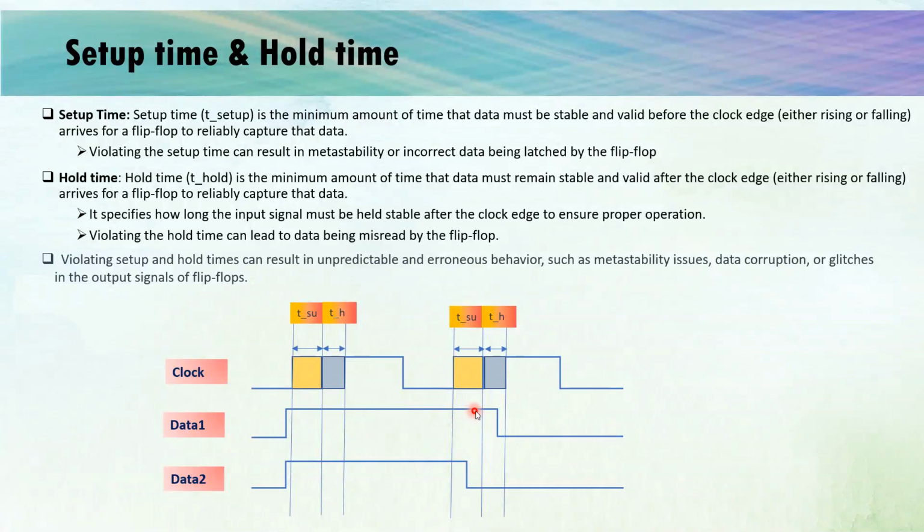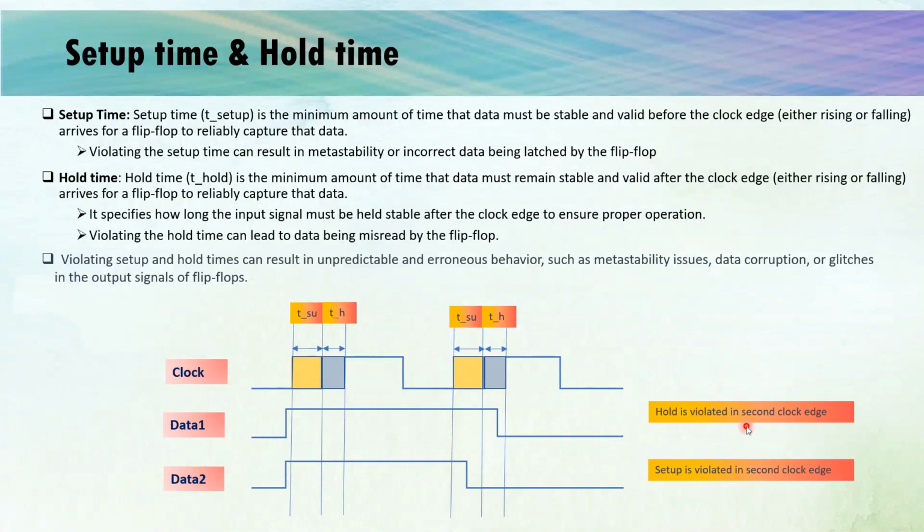On the other hand, here if you see, the data is properly stable in the setup duration, but it's not stable within this whole time duration. So you see that data is going from 1 to 0 within this minimum amount of time, so it's violating the hold time. So hold time is violated in the second clock edge.